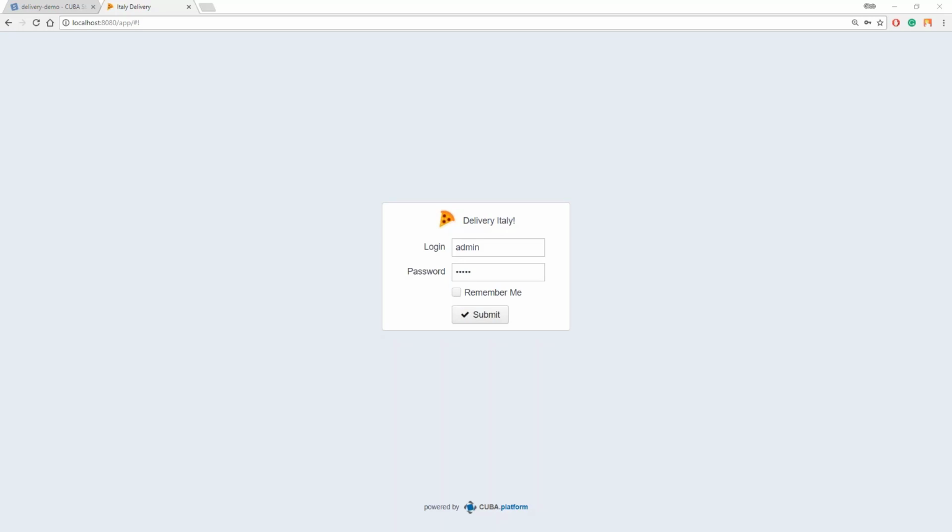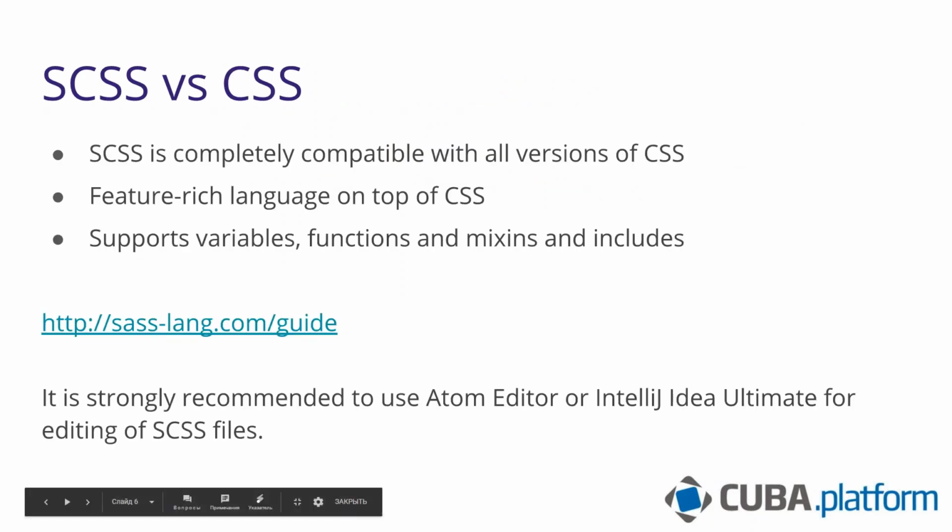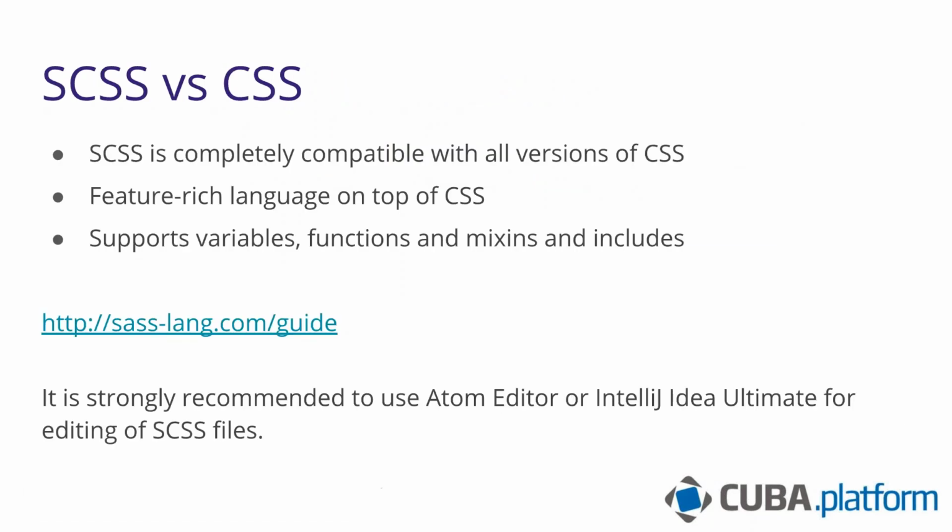Before we proceed, let's talk about CSS and SCSS. Let me show you. As I said before, we use SCSS files in our applications, and CSS is completely compatible with all versions of CSS.